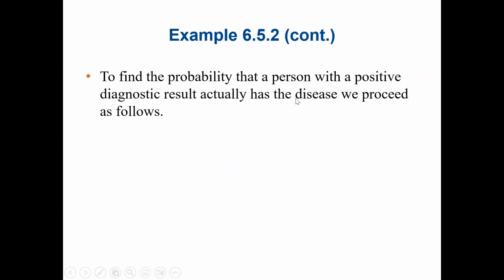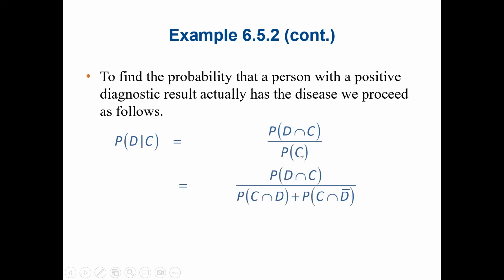Now, to find the probability that a person with a positive diagnostic result actually has the disease, we proceed as following. That is probability of D given C is equal to probability of D and C divided by probability of C. Now we come up with the idea of Bayes' theorem. Probability of C, we have only two options. Either we have the disease or we don't have the disease.